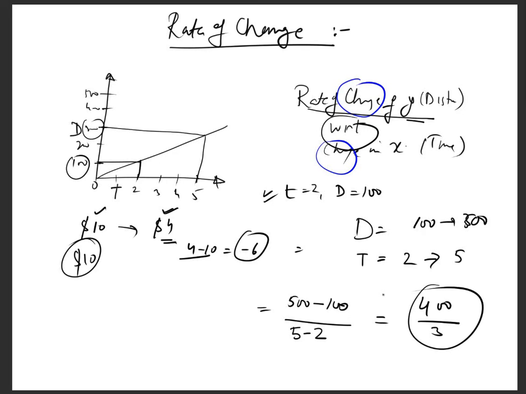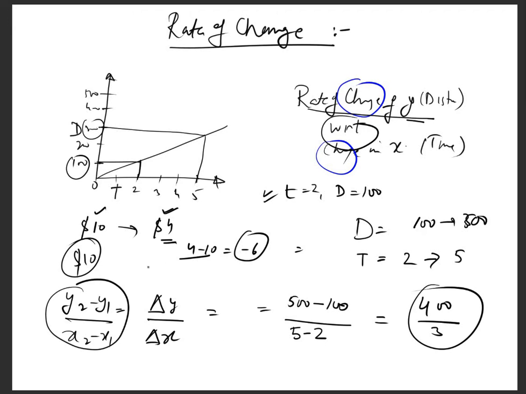3. That is the rate of change of y, or I call it delta y, or y2 minus y1 over x2 minus x1, or I can call it delta x in the world of differential calculus. So this is rate of change of y with respect to x. In this case, the change in y is nothing but change in the distance.